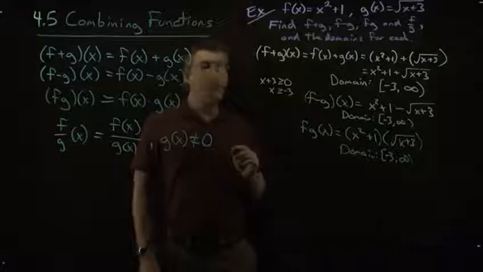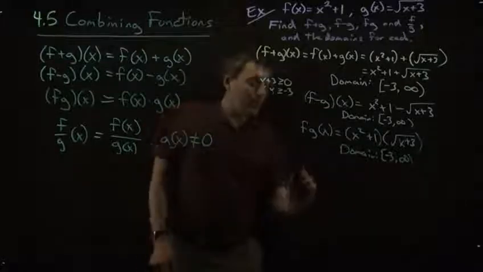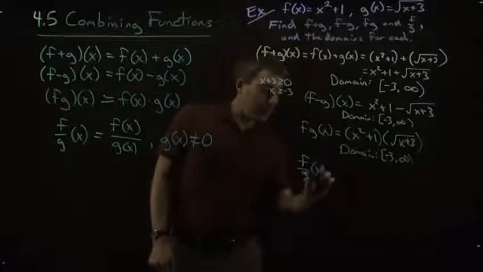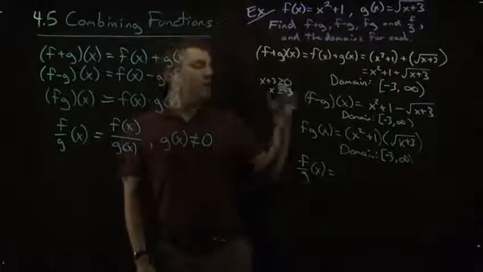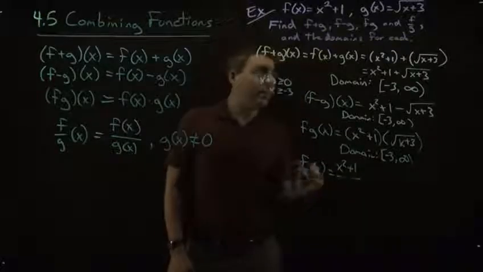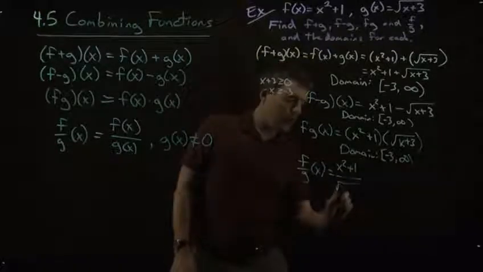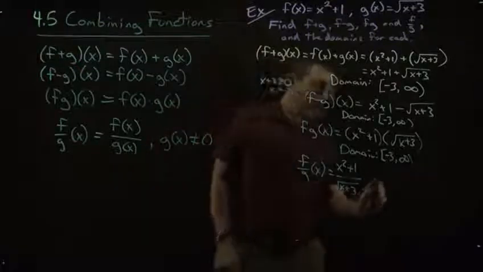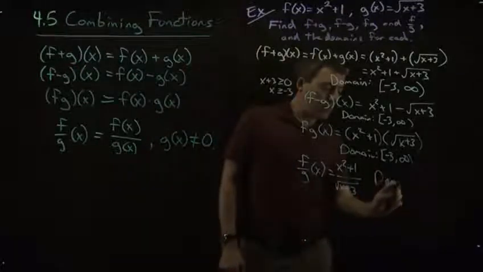All right, last step is division. So we have f(x) over g(x). That's going to be x squared plus 1 divided by the square root of x plus 3. Now here the domain is going to be different.